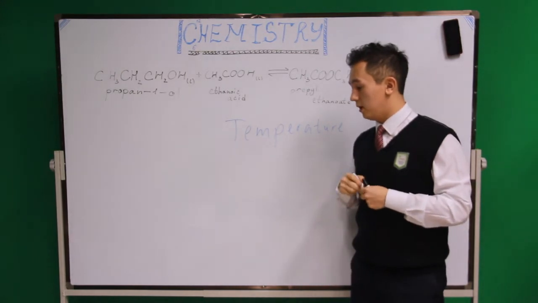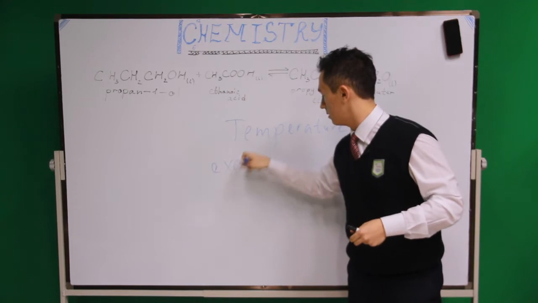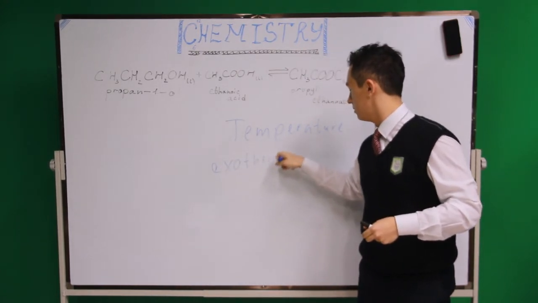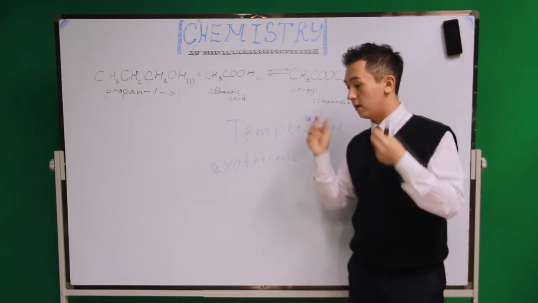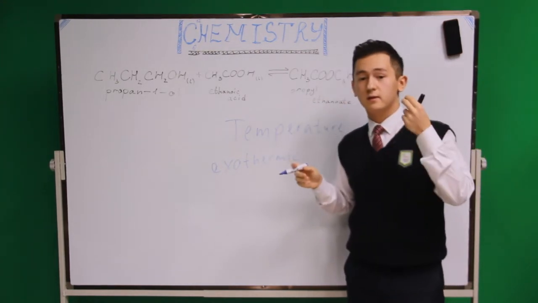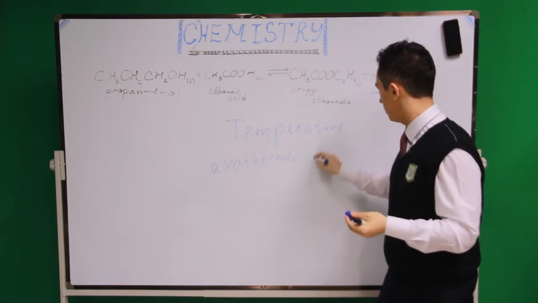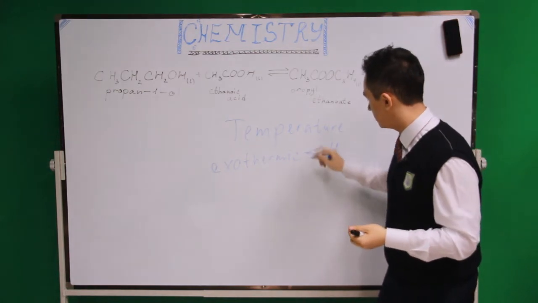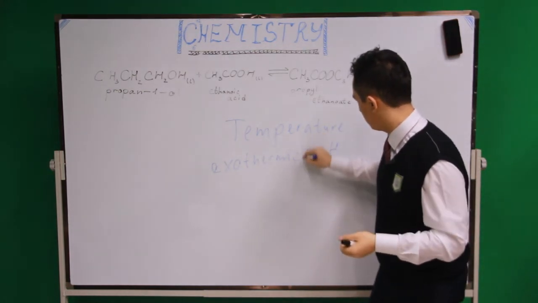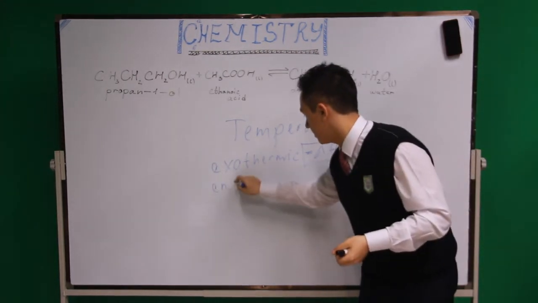First of all, if we have an exothermic reaction, which means that when the reaction occurs, there is a release of energy. Actually, it is with minus in this case. And endothermic reaction.